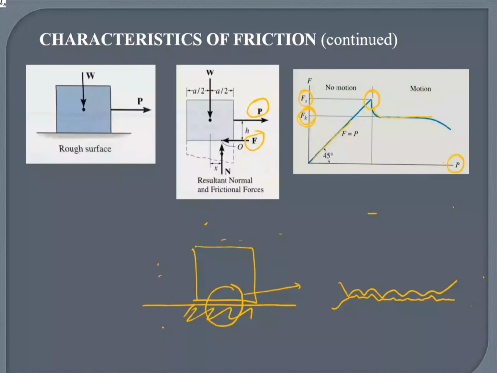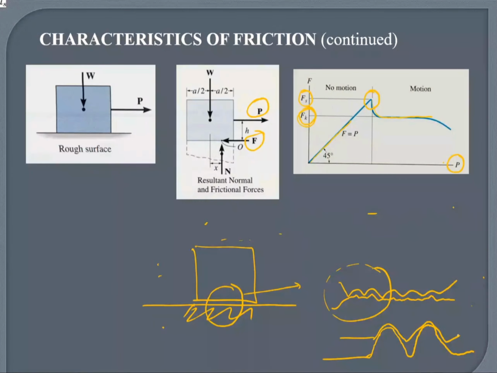Now you can clearly see here that there's a lock. You've got a trough of the box crust, and you've got a trough of the floor also.